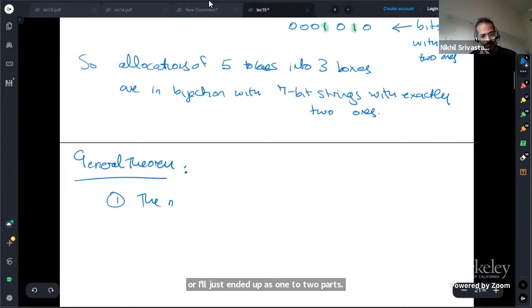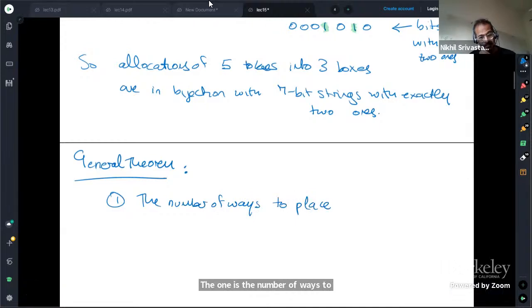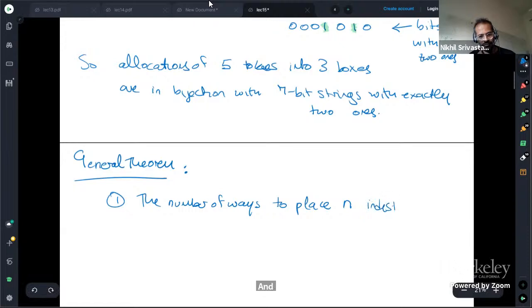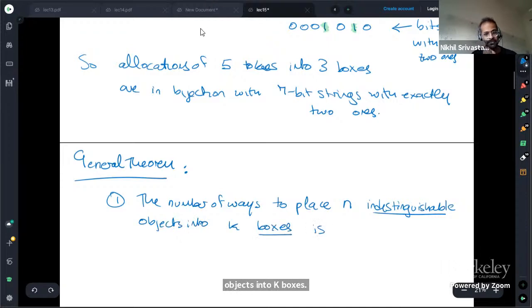The first is: the number of ways to place n indistinguishable objects into k boxes is n plus k minus 1, choose k minus 1.